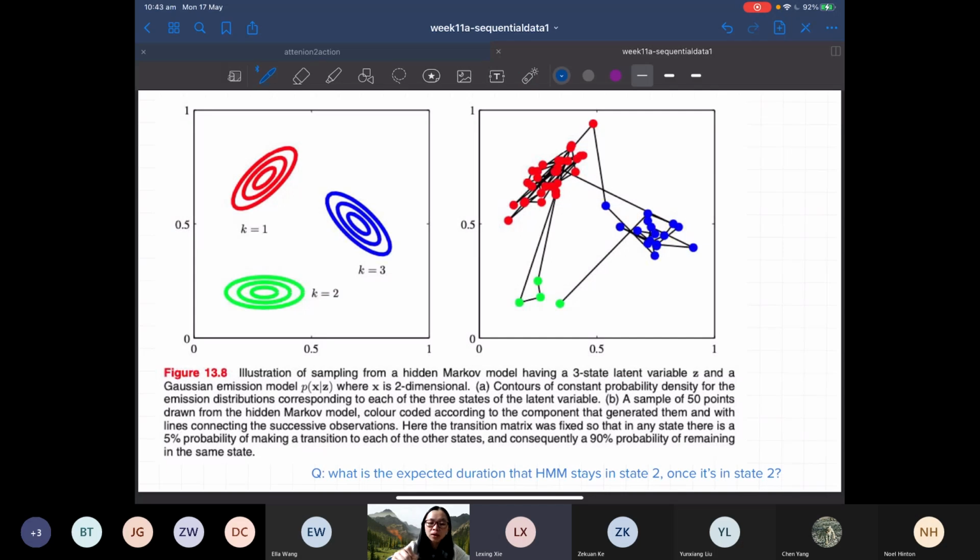There's another interesting question you could ask yourself: how long will the HMM stay in state 2 given that it's already been in state 2 for 10 steps?